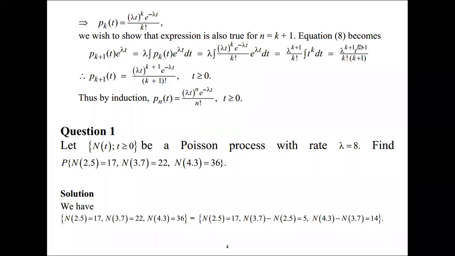Okay. So they say let the stochastic process N(t) be a Poisson process with lambda equal to 8.